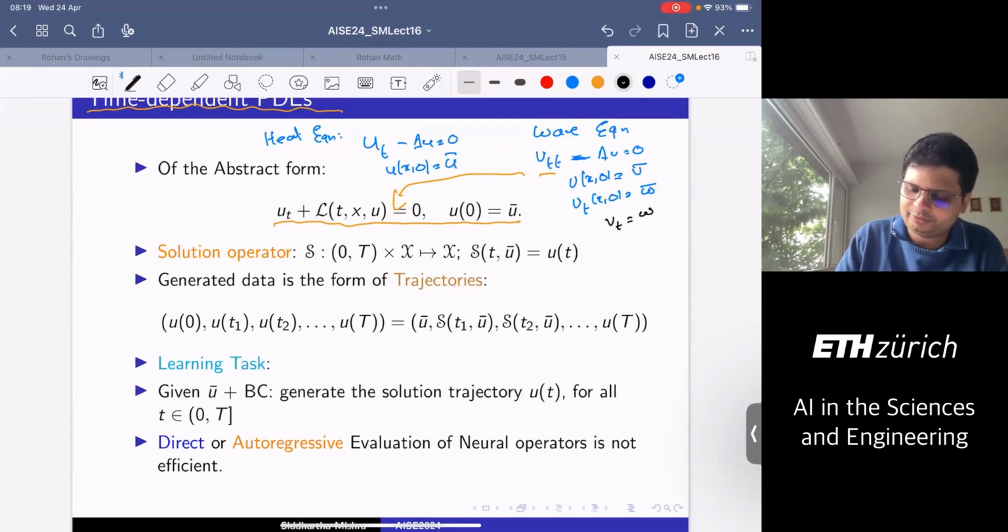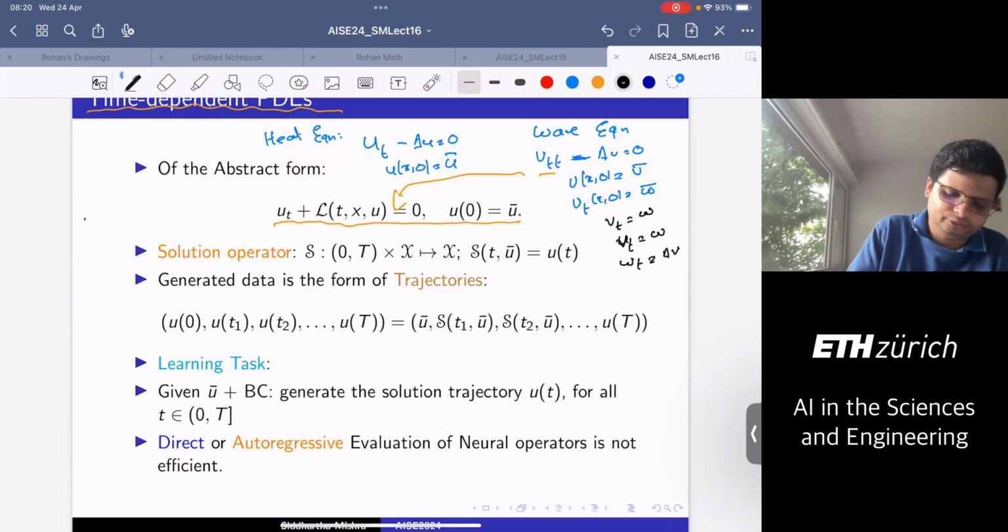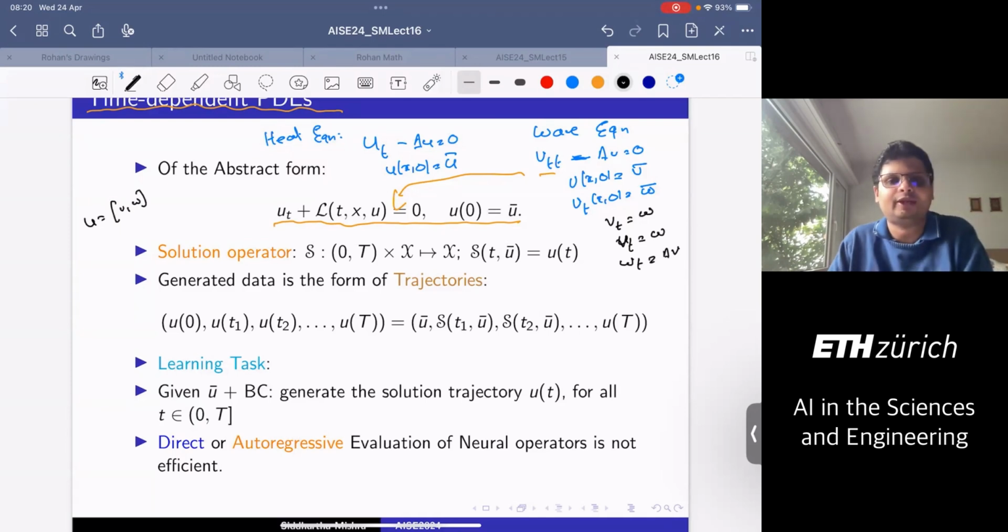So then you can rewrite the equation as v_t is equal to w, and w_t is equal to the Laplacian of v. And then you got back in this form. So you can write even higher order time derivatives in the form of first order time derivatives by simply expanding everything into a system. In other words, your unknown now is v and w. So that solves the problem. So any time-dependent PDE can be written in this abstract form.